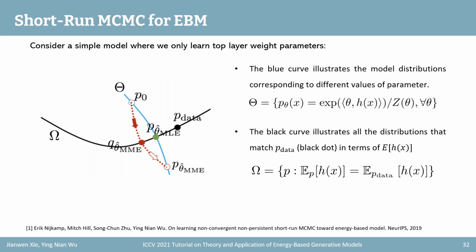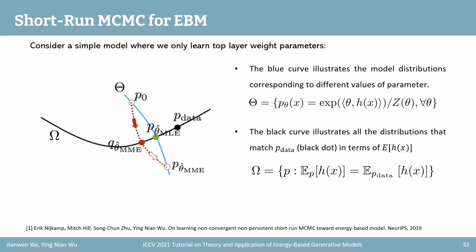The red dotted line shows the MCMC starts from P0 and runs toward P with theta hat MME. MME means moment matching estimator. But the MCMC stops after k steps, reaching Q with theta hat MME, which is the learned short-run MCMC generator.